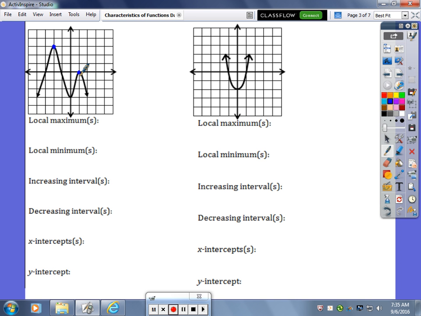So those local maximums we put down as an ordered pair, and they will be (-2, 3), and the other one is (1, 0). Let's see if we have a local minimum, and indeed we do. The local minimum is right here, the lowest point that has points immediately around it that are higher, and the coordinates of our local minimum are (0, -3).